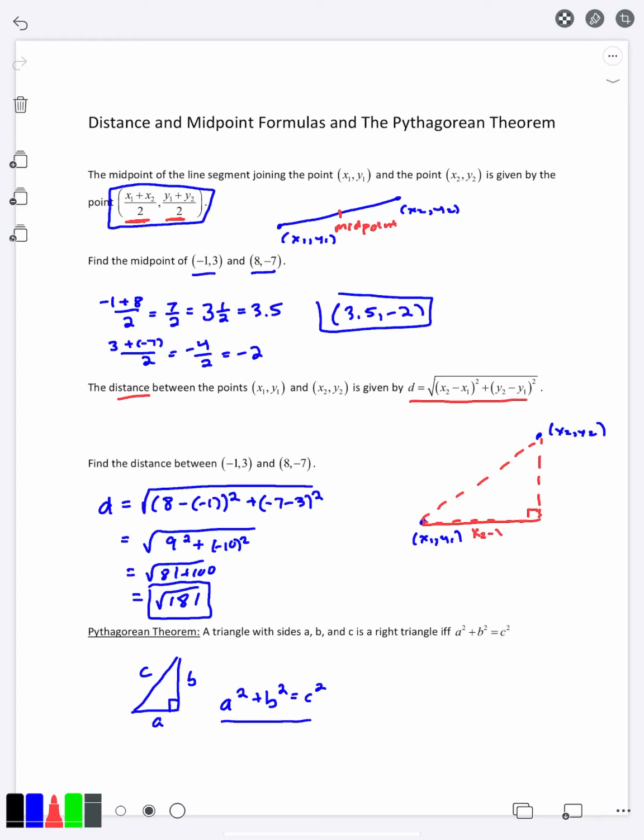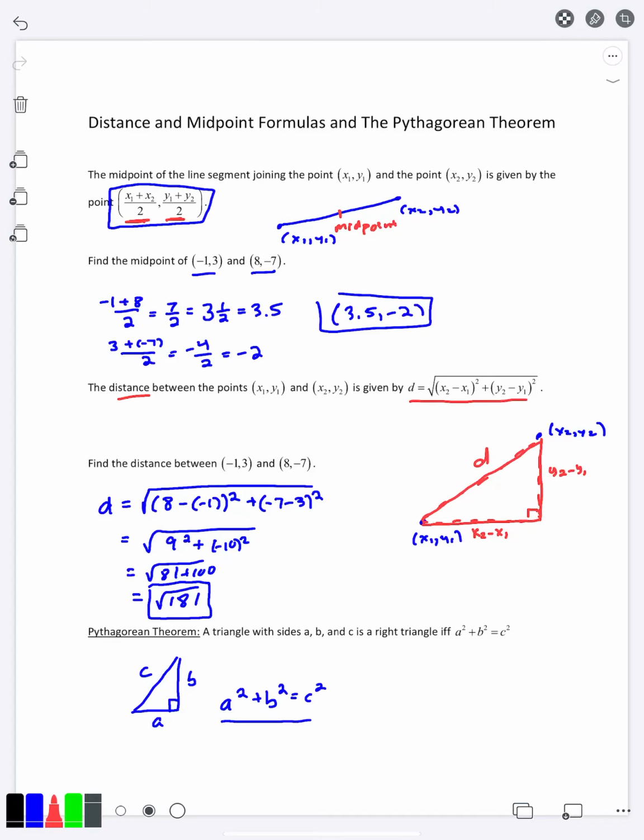That distance is x2 minus x1. And then how long is this side of my right triangle? Well, that's how much your y-coordinate changed. That's y2 minus y1. And how long is the hypotenuse here? Well, that's the distance we're looking for.